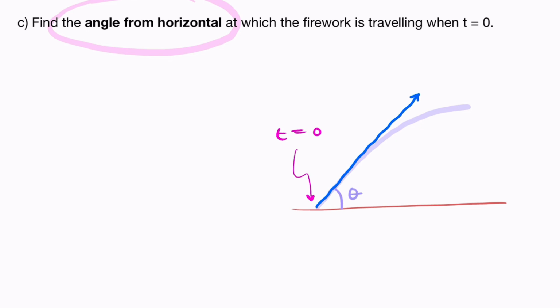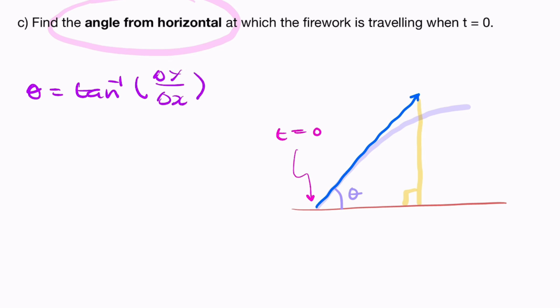And that angle we can find by finding the inverse tangent of delta y divided by delta x. So we can say theta equals the inverse tangent of delta y by delta x.